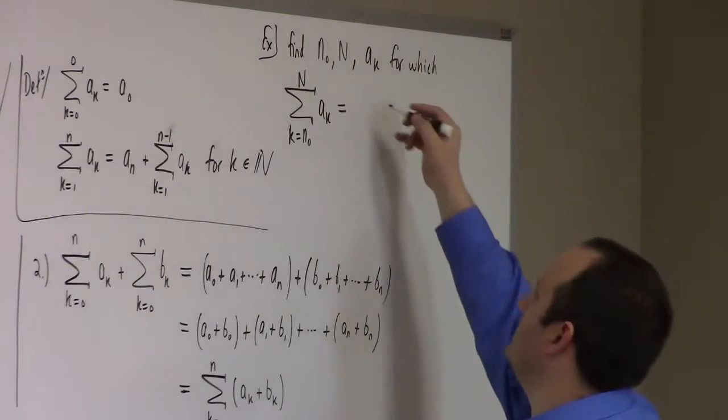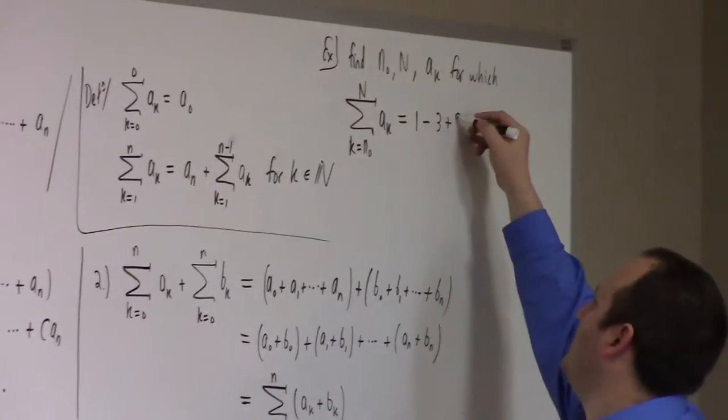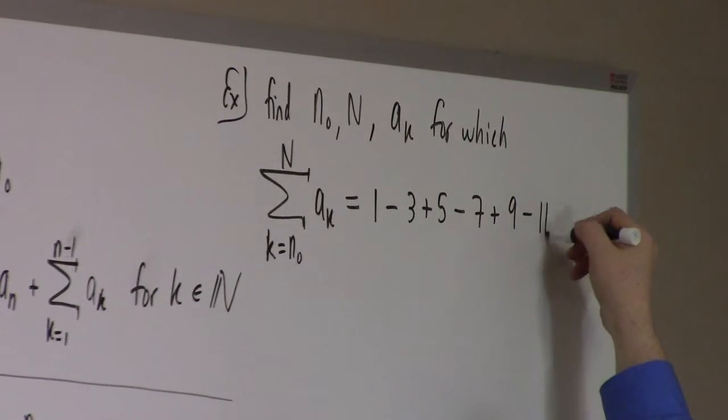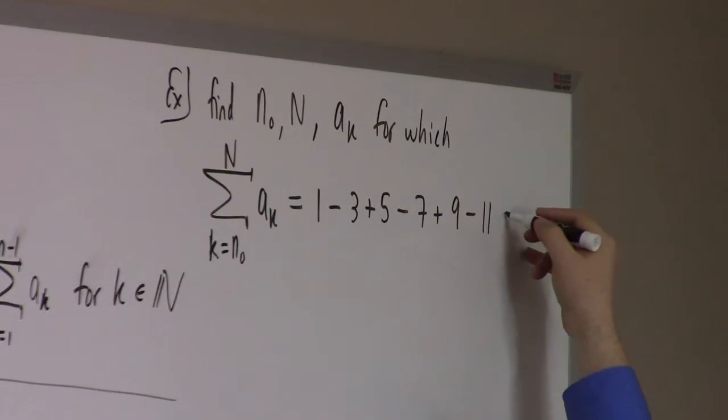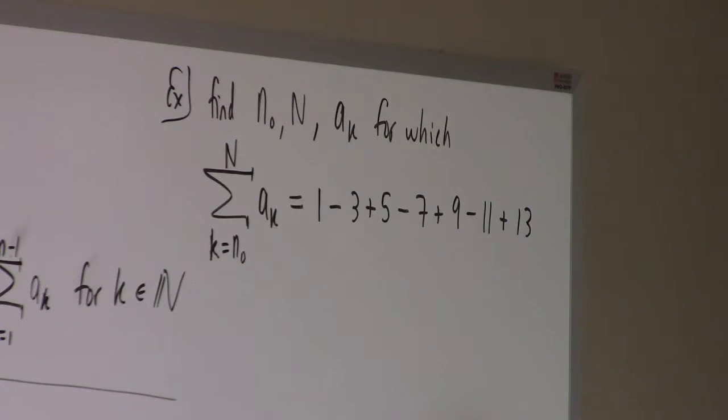Here's what I'll do: 1 minus 3 plus 5 minus 7 plus 9 minus 11 plus 13. There, I'll stop there. Not too adventurous here, this example, just to give you a flavor for this kind of question.